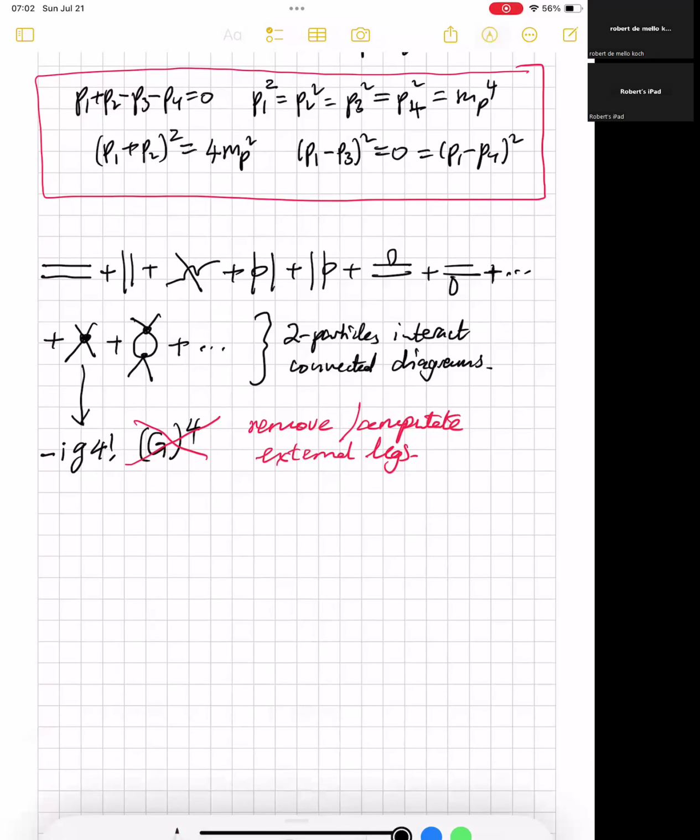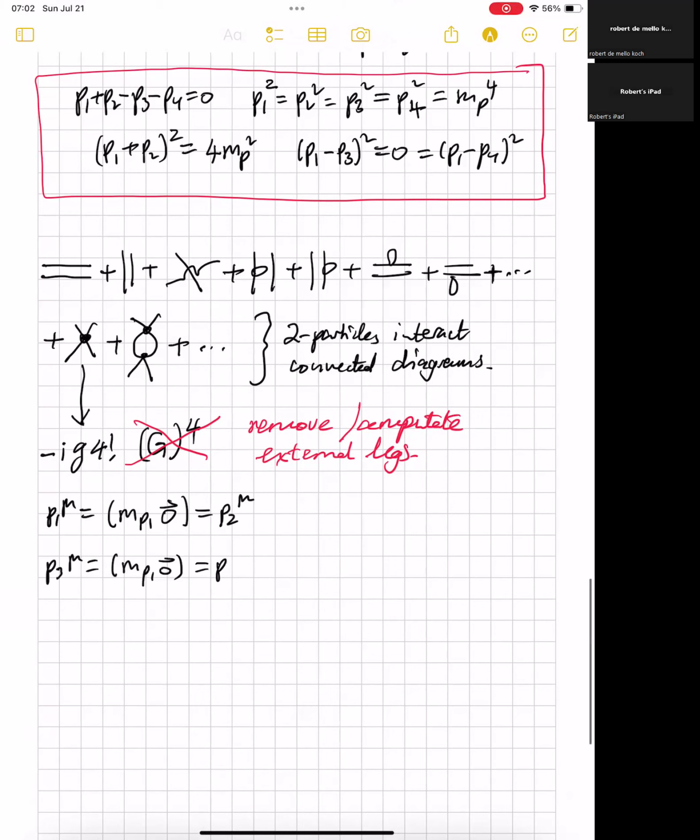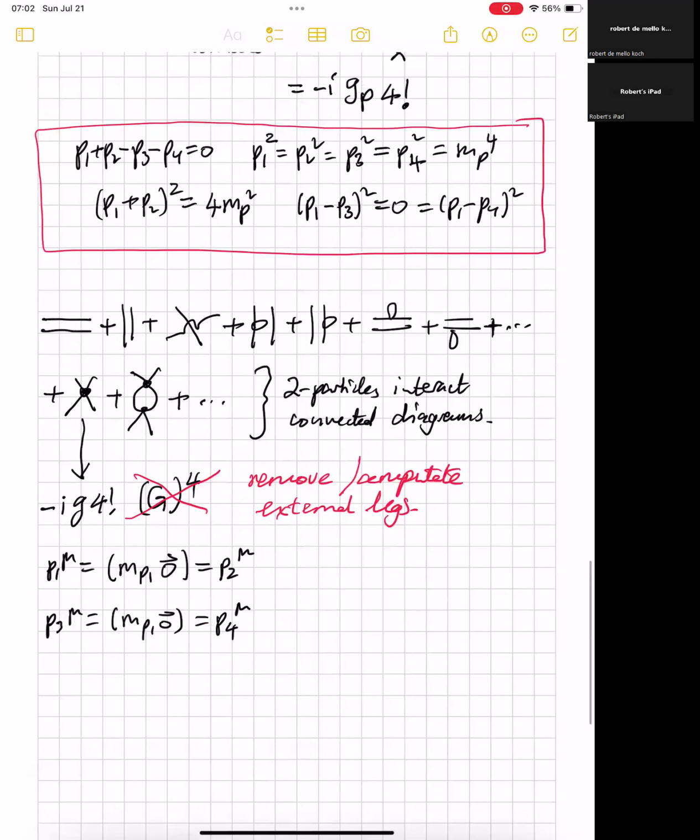Well, if we set P1 mu equal to, we'll put the energy equal to the physical mass, the momentum equal to 0, and we'll have this equal to P2 mu. And then we will also have the same form for the momentum for P3 and for P4. Okay, let's just check that this really solves it.